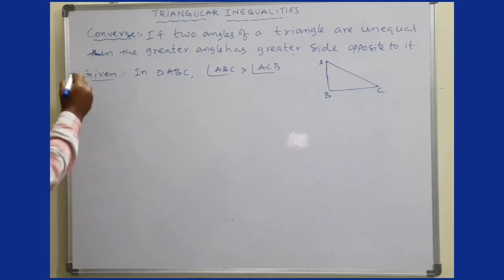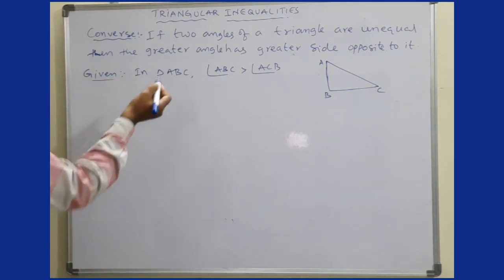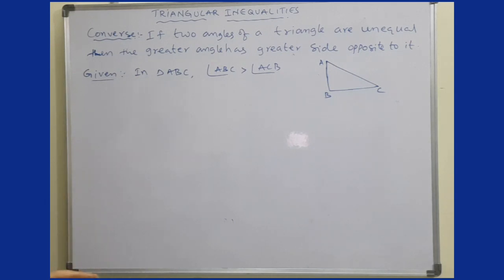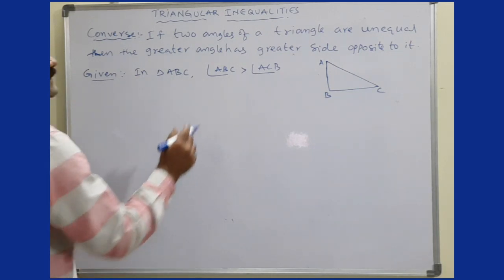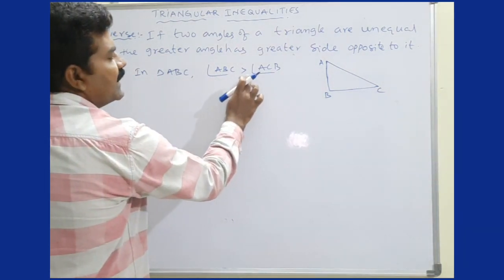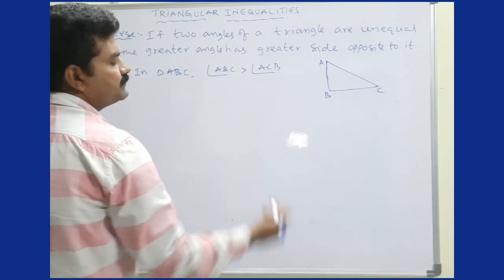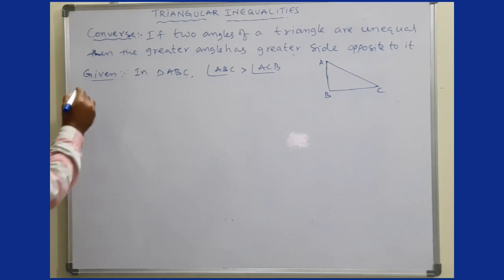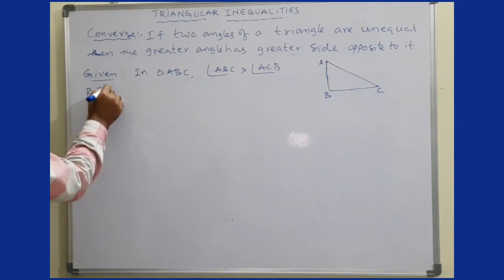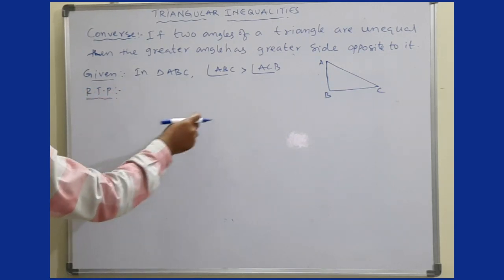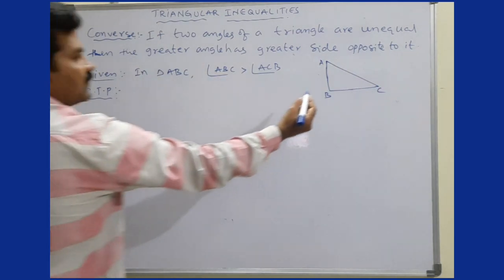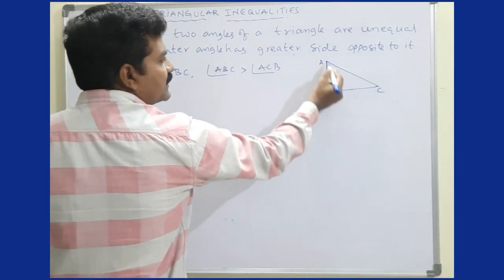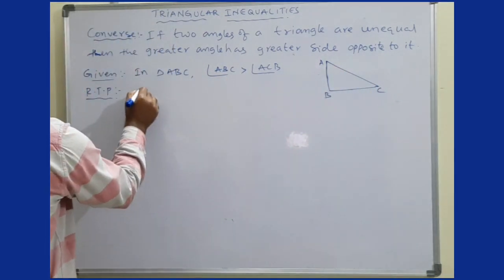So let us assume a triangle ABC in such a manner that angle ABC is greater than angle ACB. What we need to prove? RTP: opposite to angle B, the side is AC.